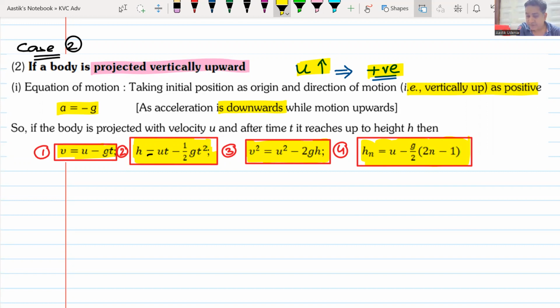Are you noting it down, my dear friends? Everybody noting it down? Okay, then we can make some shortcut formulae here as well.